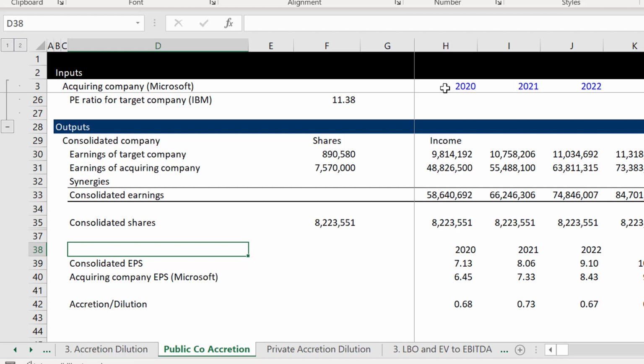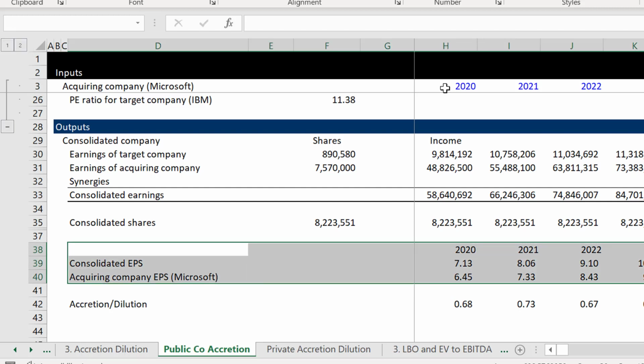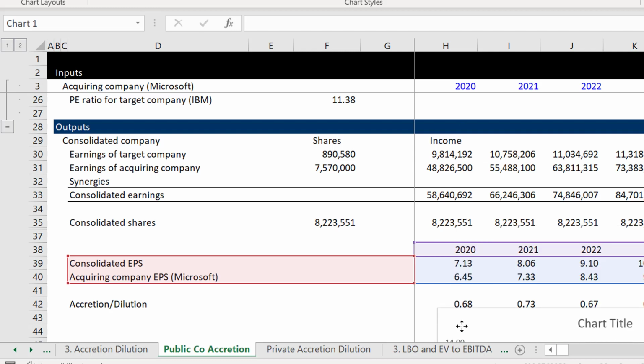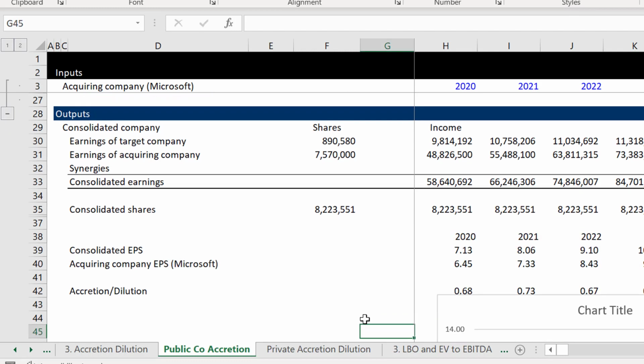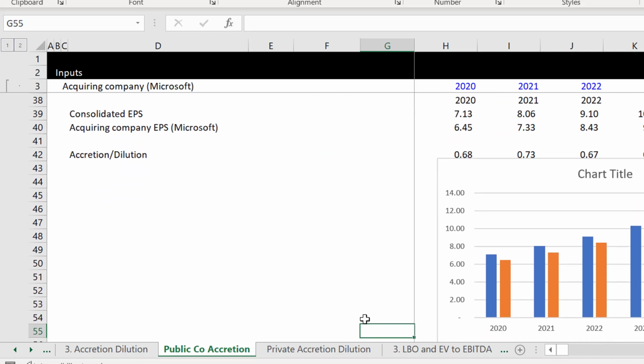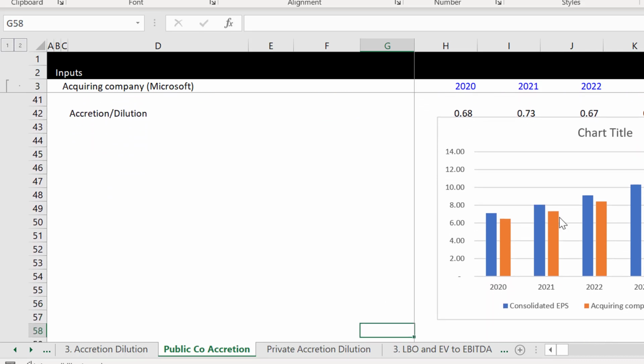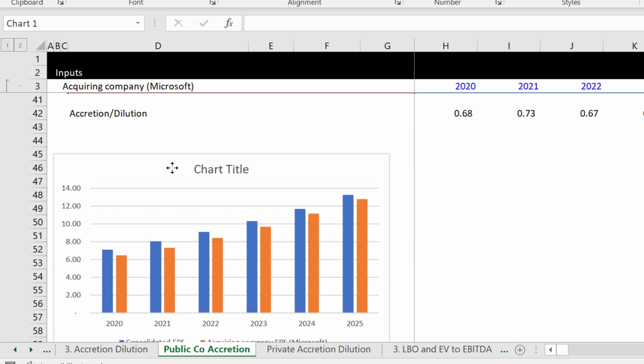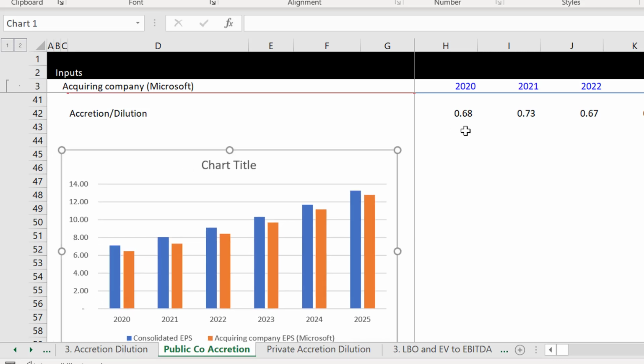Then you start with this blank one, and I've got to be careful, we're going to press alternate and F1, and let's put the graph kind of down here, and then we have an accretion. Let's put this accretion here.